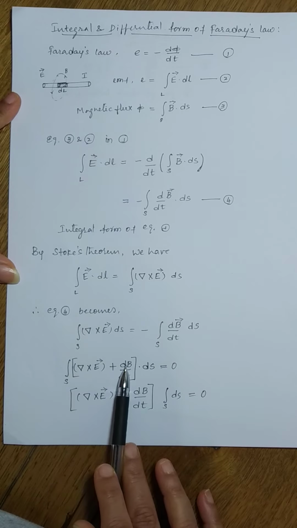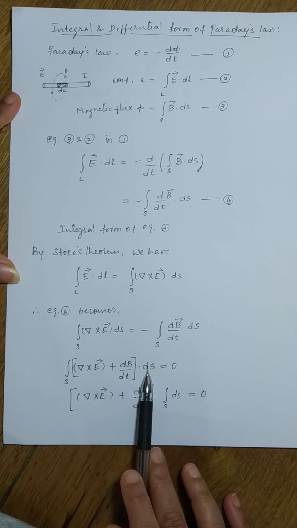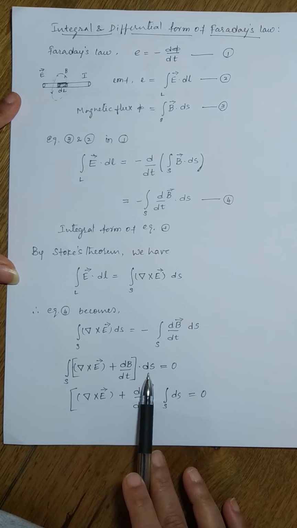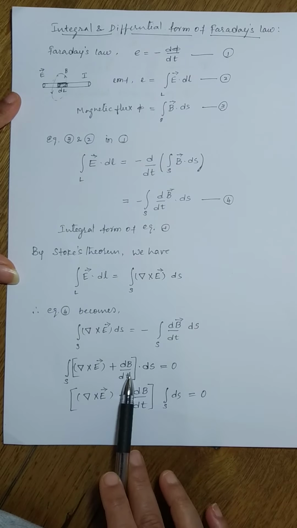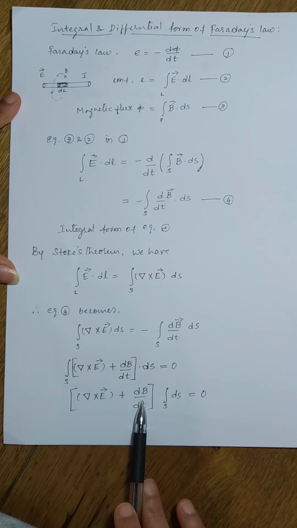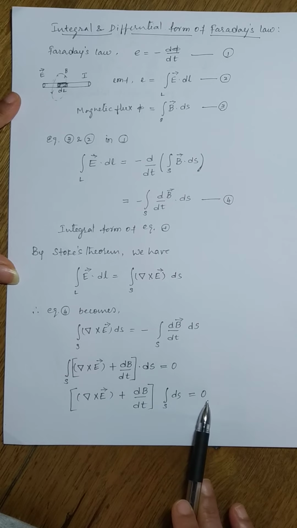But here the surface integral of ds cannot be 0. Whenever there is a conductor carrying current with some finite surface area, the integral cannot be 0. Only what is there in the bracket can be 0.